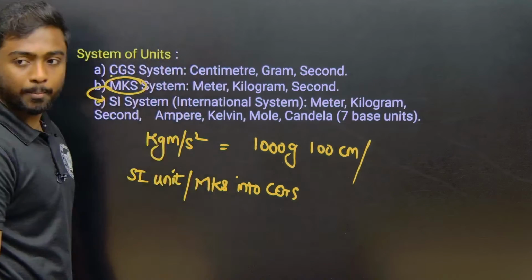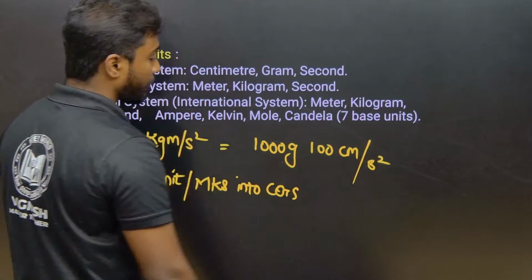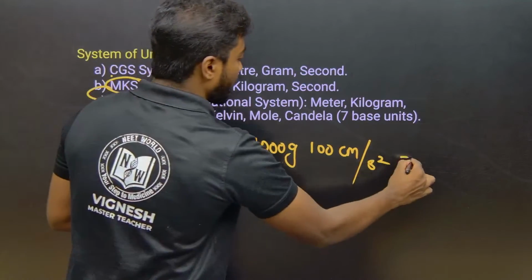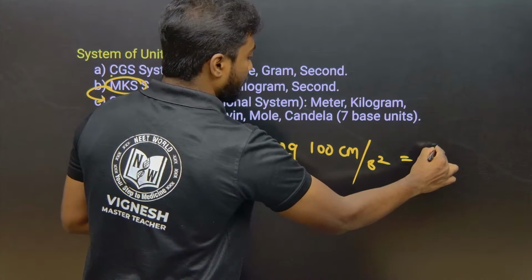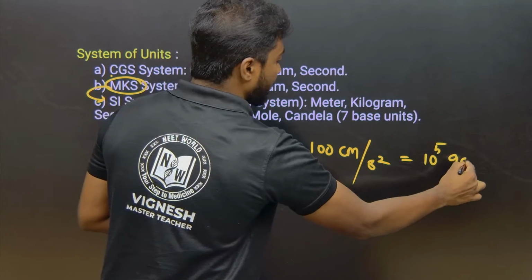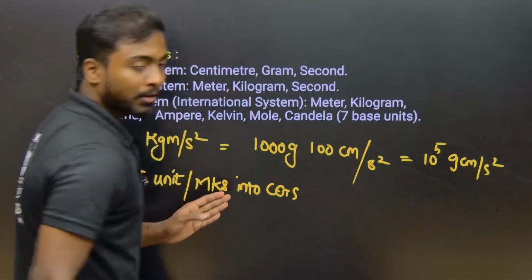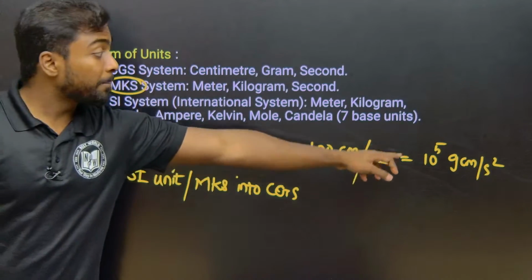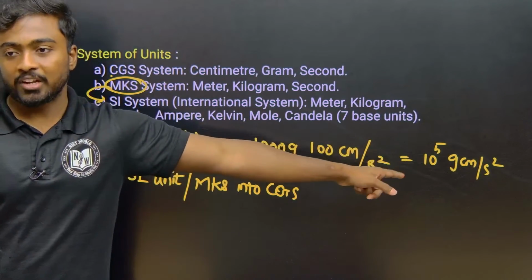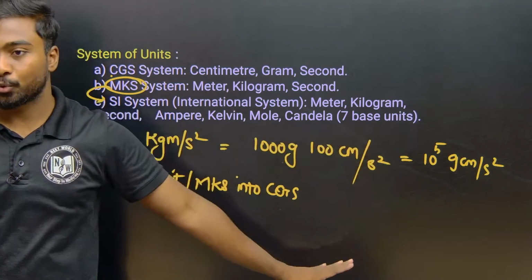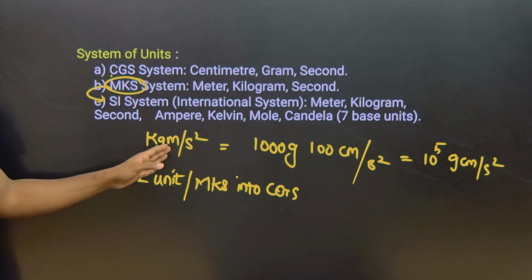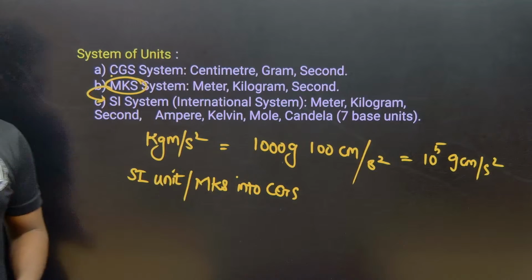Seconds as it is. Okay. Second square. So how can I say? 10 power 5 gram centimeter per second square. So 1 Newton is equal to 10 power 5 gram centimeter per second square, or else 1 kg meter per second square. Okay. Any doubt here?